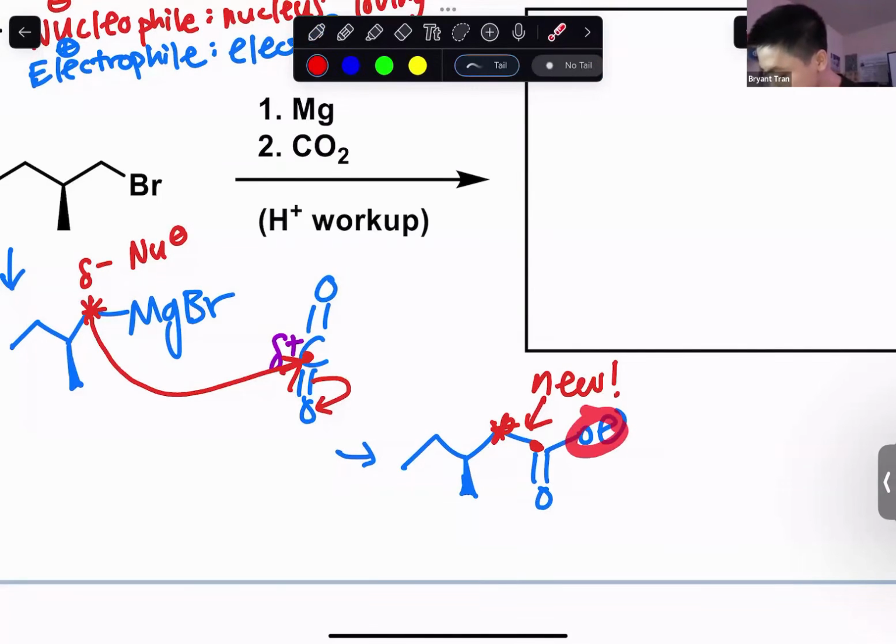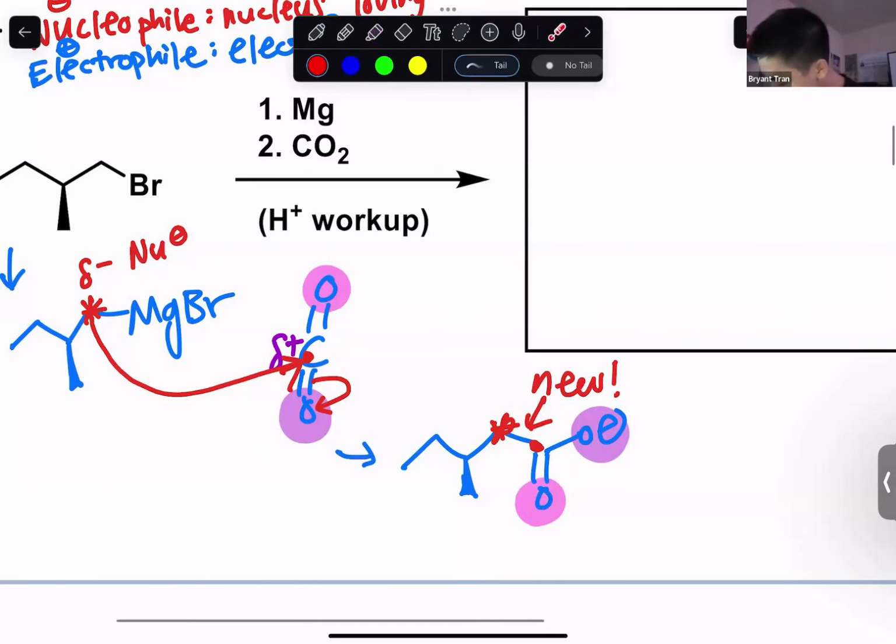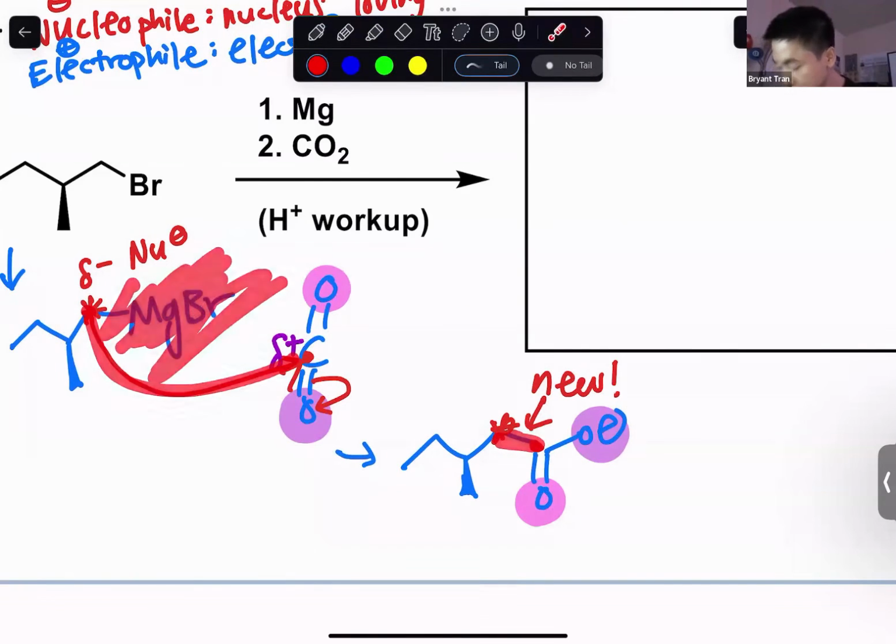This single bond O minus comes from here. If I highlight this oxygen in purple, that's that oxygen in purple right there. If I highlight this oxygen in pink, that's that pink oxygen right there. This dot carbon is this dot carbon. This star carbon is that star carbon. And this is the new bond between the star and dot carbon from the attack. MgBr goes away in the solution.